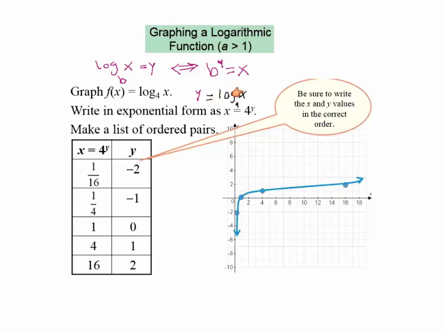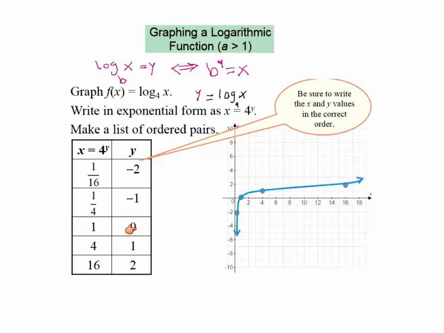So here I have 4 to the power of y is equal to x. This is what I am graphing here. I'm going to make a list of ordered pairs. If I change the value of y, I can find the corresponding value for x.